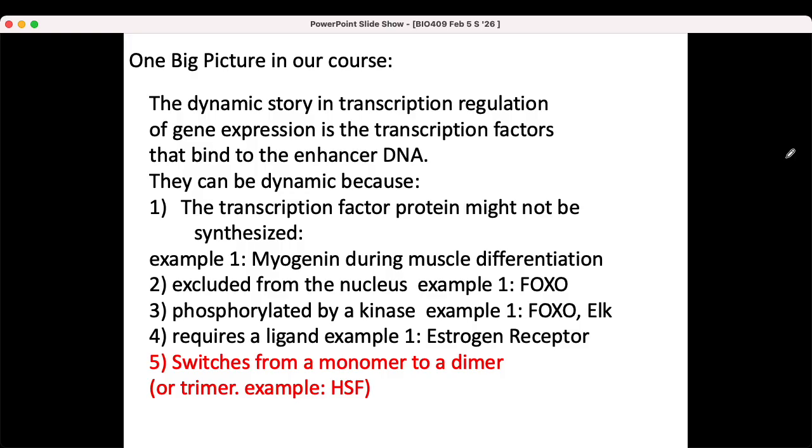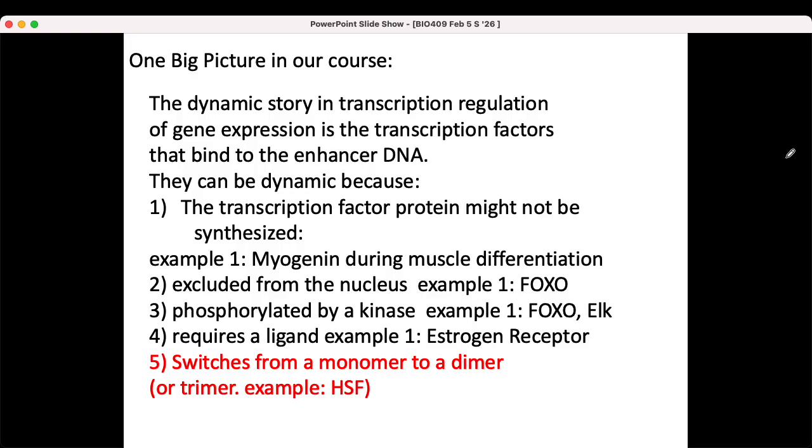And so it's very unusual for it to be a trimer. That might be unique. But it's very common, and we'll meet other transcription factors that need to form a dimer. And before they can do their job, before they're switched on, they need to join with another protein. So this is a good example of that.